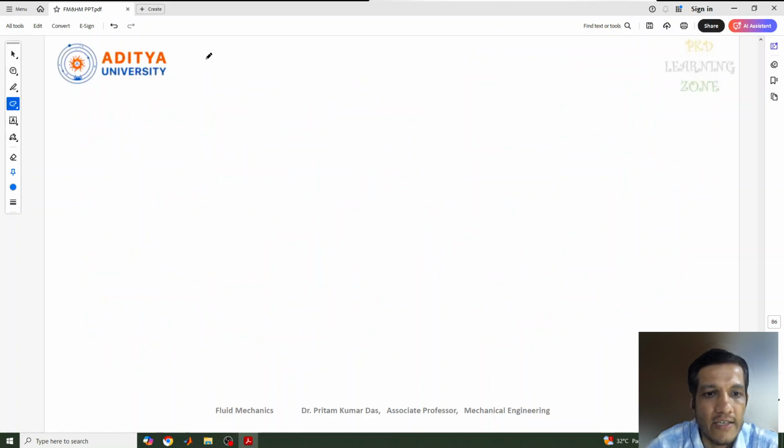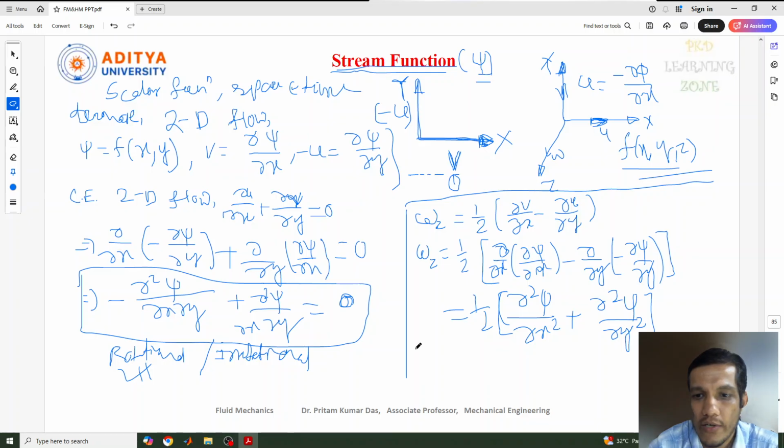Similarly, if I consider the irrotational flow, the omega z we have considered should be equal to 0. So for the irrotational flow, the previous equation I got here will be 0, because that is the equation we got for omega z.